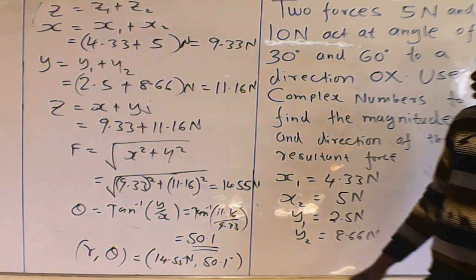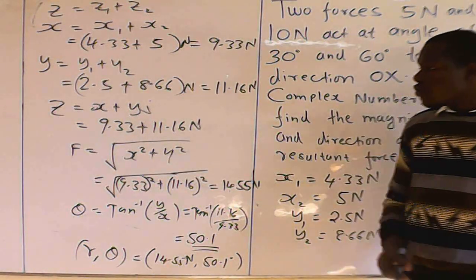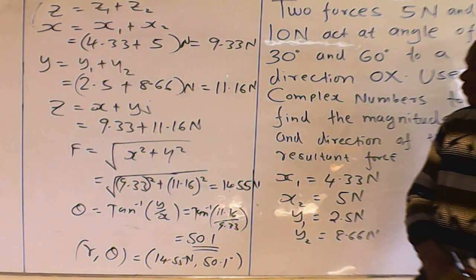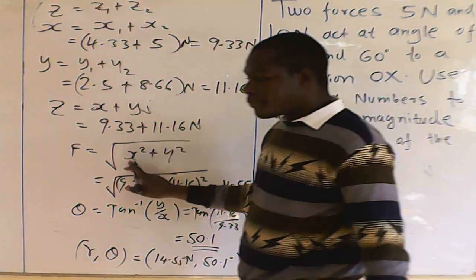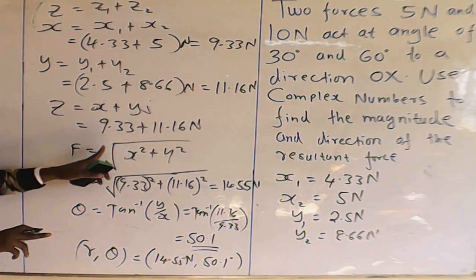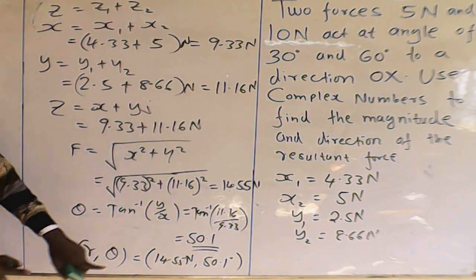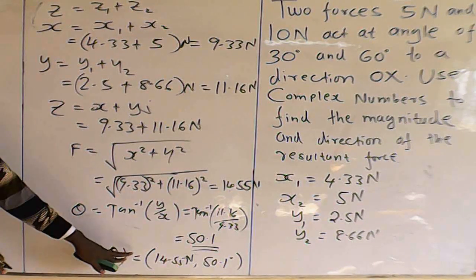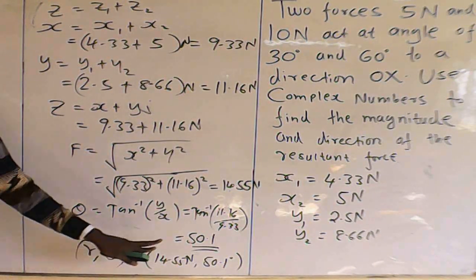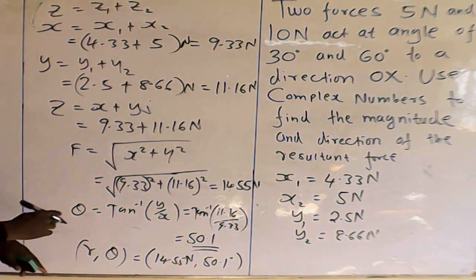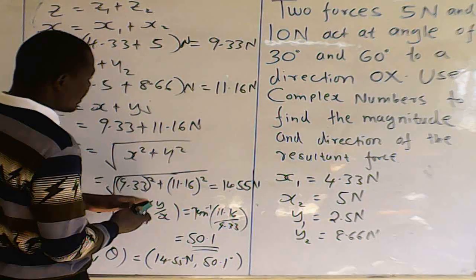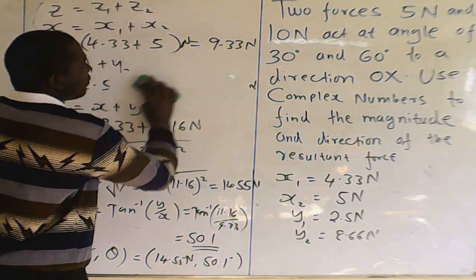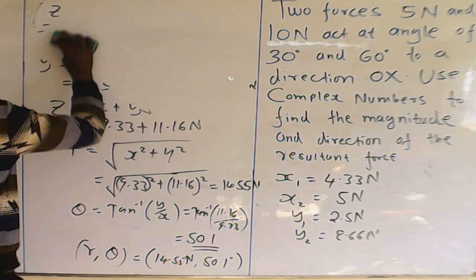The best way to confirm this, when you want the magnitude and direction, is to go to the calculator and find the polar form of xy. This is the simplest way.